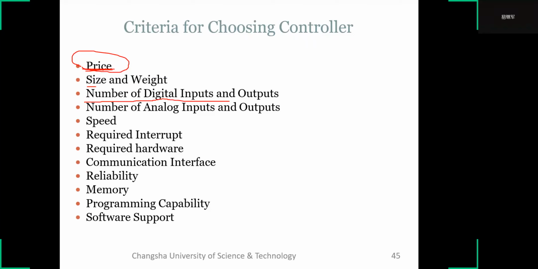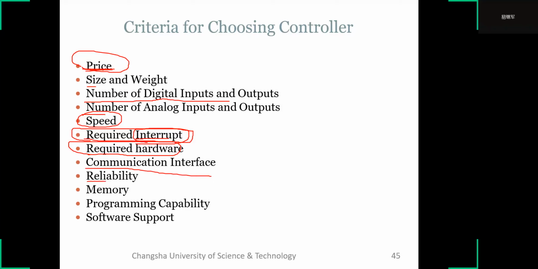This is from the targets. Speed: this is the control speed. Required interrupt: required hardware interrupt. This concept we learned last semester. Communication interface: then we will decide if communication is needed.